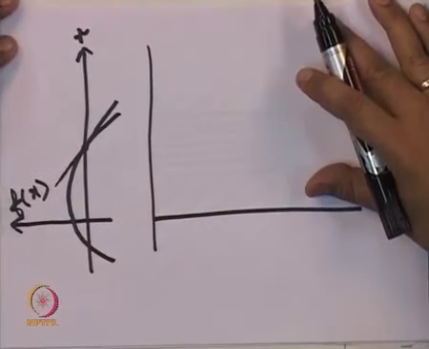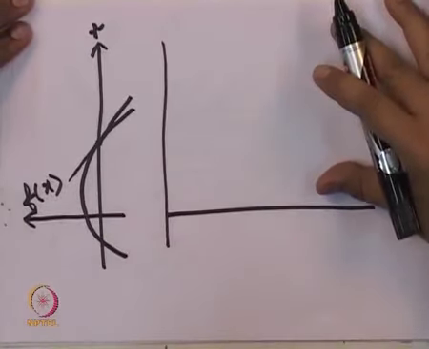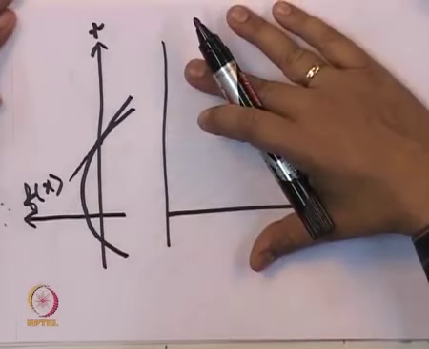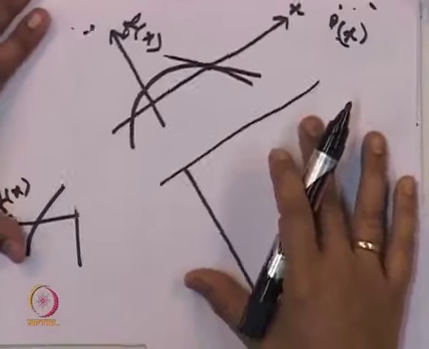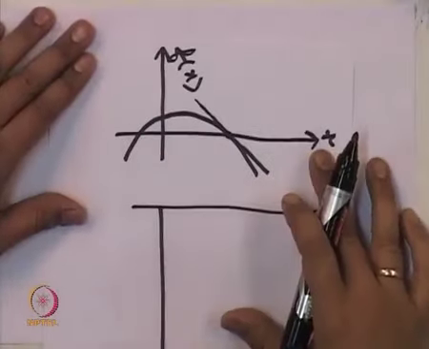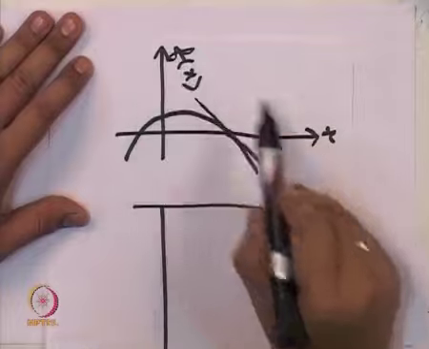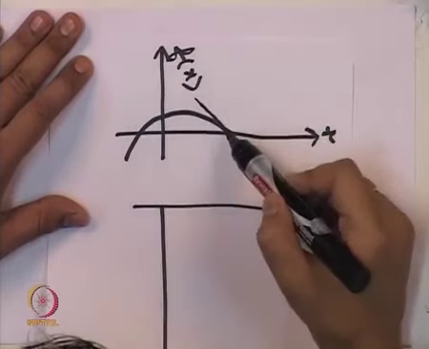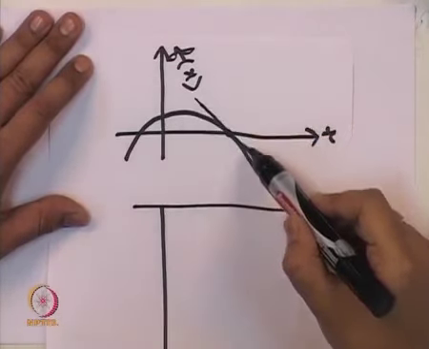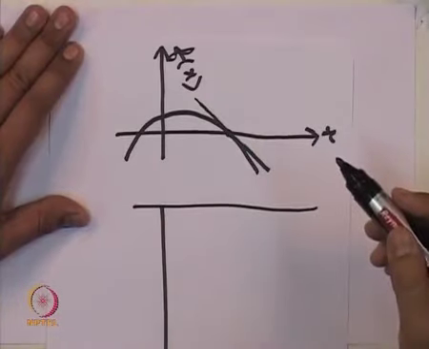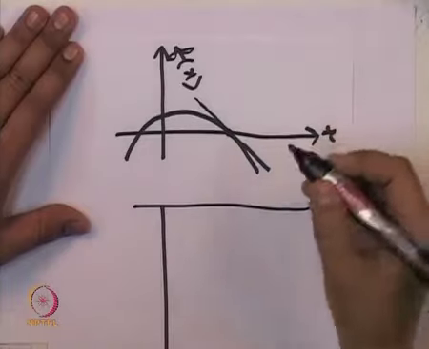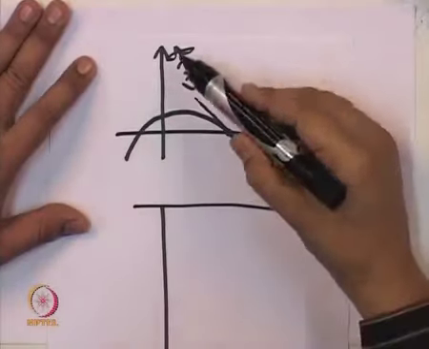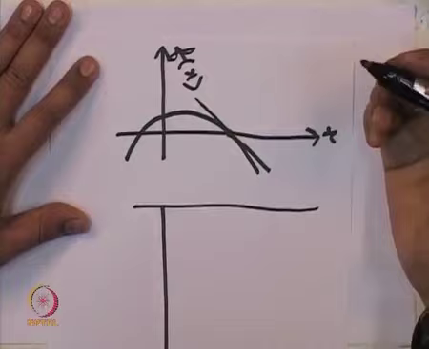So, for those who are having difficulty to answer this question with these axes tilted, let me just turn this page. This is how we should be imagining. So, this is a graph of f versus x, and we see that at this equilibrium point, if we draw a tangent to this particular curve f, this tangent has a slope which is negative, which just means that f is decreasing as a function of x.